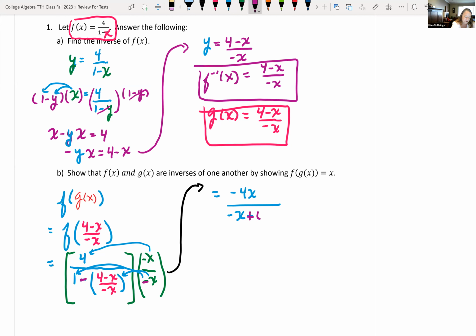And then I would have my x's cancel. I really don't need that parentheses anymore because it's not negative. And so I would have 4 minus x. Let me just see something that was positive.